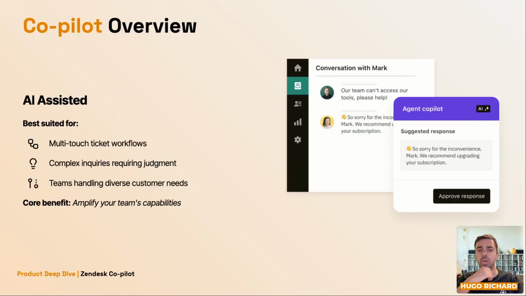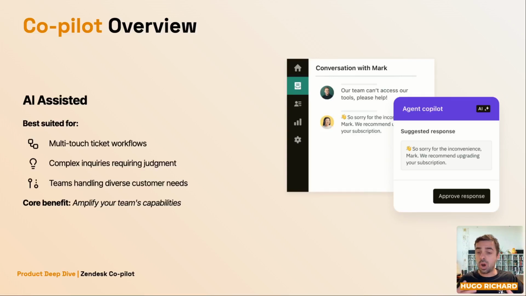So generally speaking, Copilot, as I mentioned, is really here to assist your team in replying to customer inquiries. It's not there to deflect. It's not going to automatically reply to your customer, but it's going to empower your team to handle tickets much more efficiently. Copilot is very well suited for complex tickets that might require multiple touches, human judgment, or looking into different systems to understand different things.